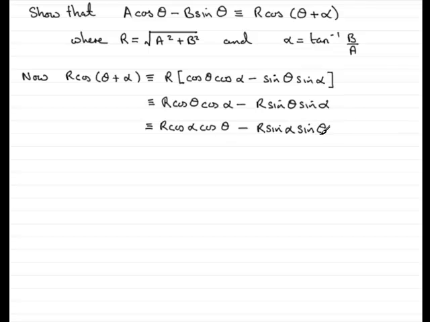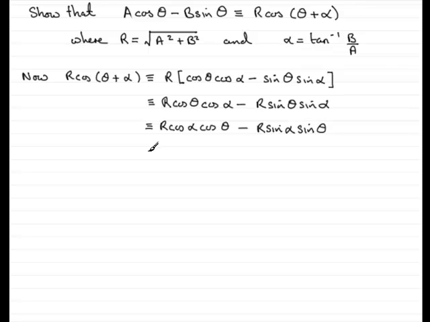Why did I do this? Well, because we know that r and alpha are constants, r cos alpha is going to be a constant value, and r sine alpha is also going to be a constant value.